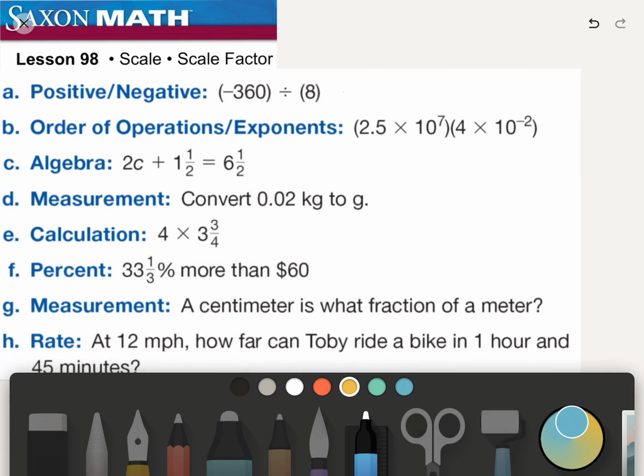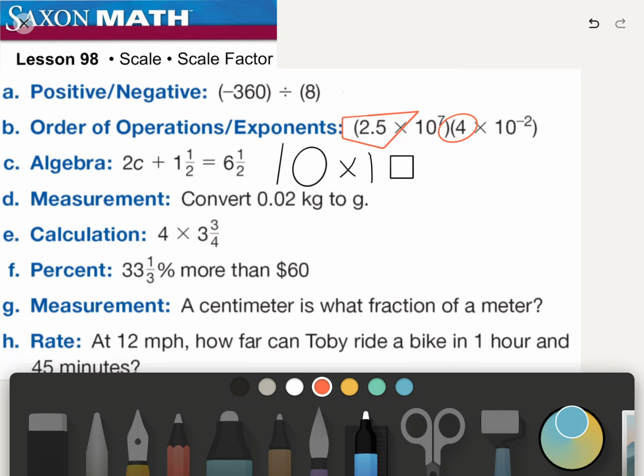Okay, and order of operations, exponents. So 2.5 times 4. Well, it's one of those questions of how many quarters are in a dollar. In this case, you've got 4 quarters, you've got a dollar. But since we are doing 2.5 and not 25, we could say 10 times 10.